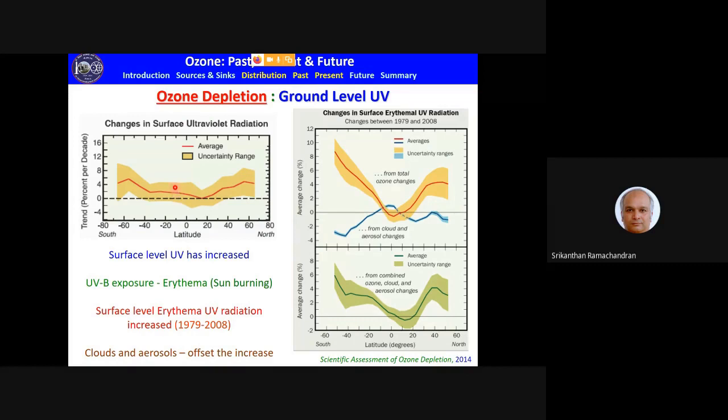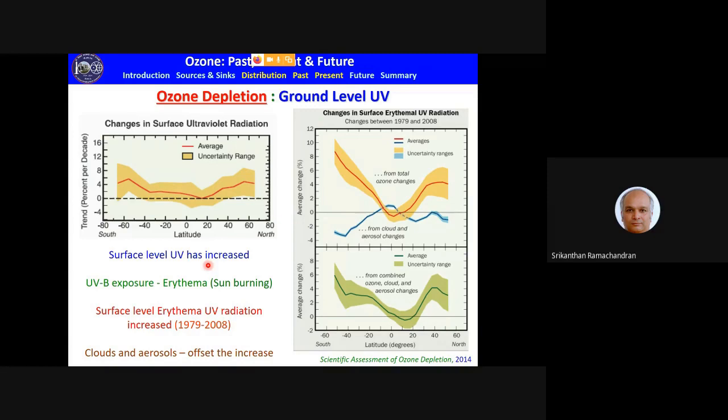However, the effects are not much present over the tropics because of the ozone that is present there; the production is much higher than the sink. This increase in surface-reaching ultraviolet radiation increases erythema, which is the exposure to the biologically active ultraviolet radiation reaching the Earth's surface.